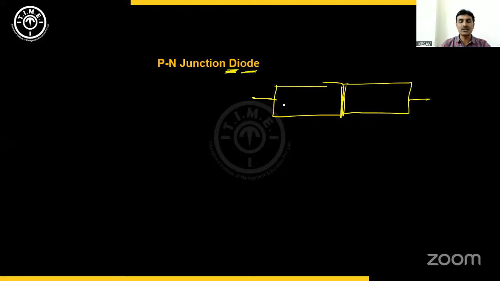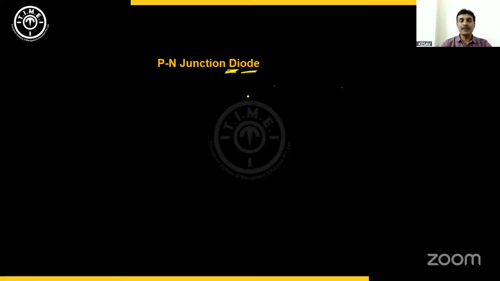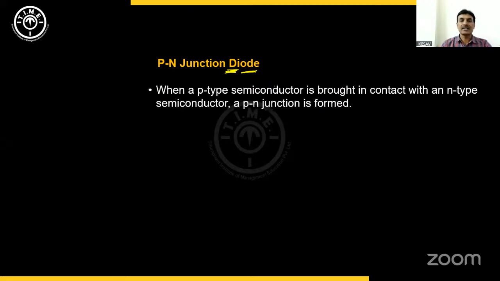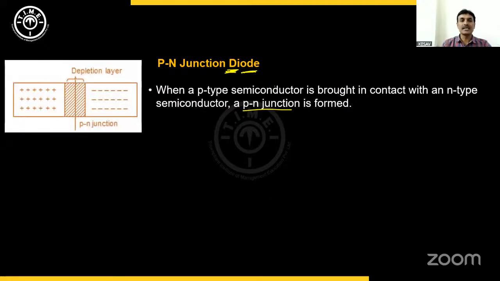It is a device with two valves, that means two terminals and one junction. When a P-type semiconductor is properly sandwiched with an N-type semiconductor, a PN junction is formed. This is called a diode. So a PN junction diode looks like this.